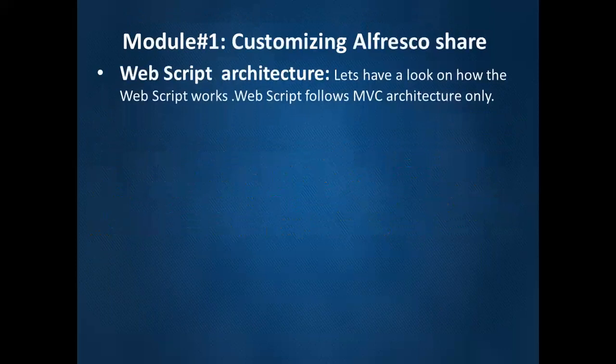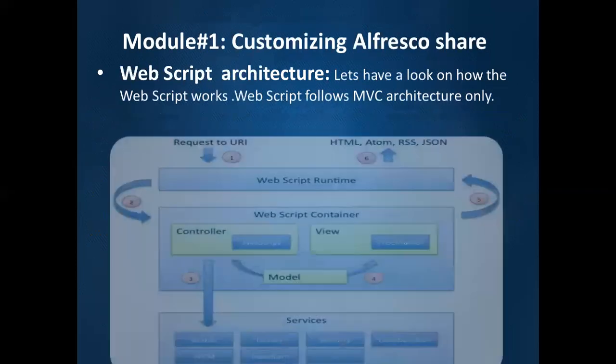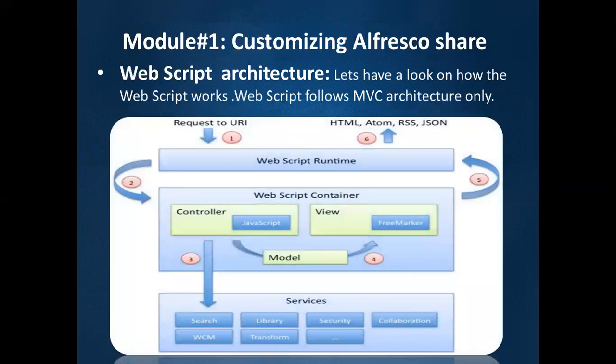Web script architecture. Let's have a look at how the web script works. Web script follows the MVC architecture only. This is a schema to see how a web script works.